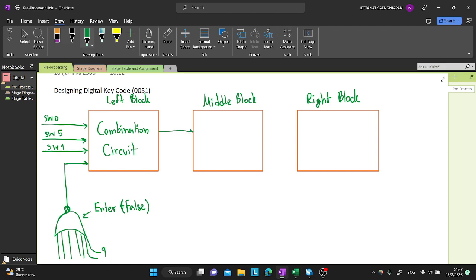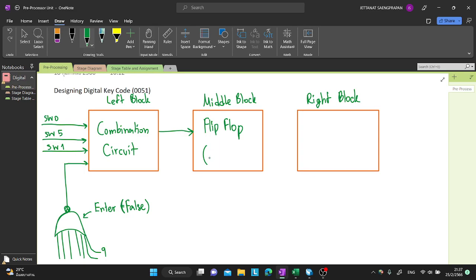The next block is the middle block, which is a flip-flop.